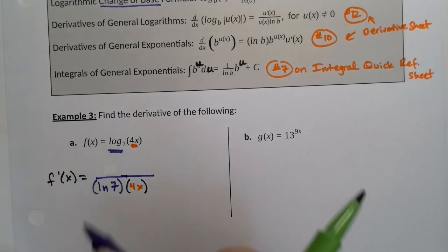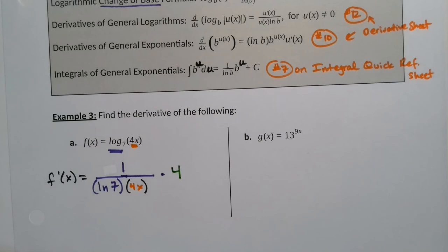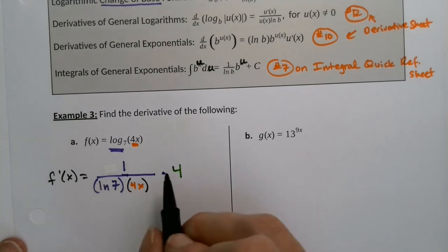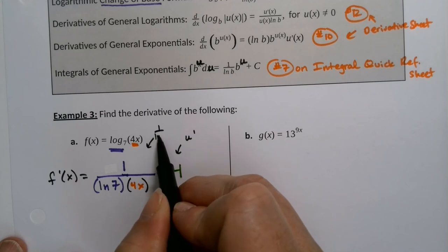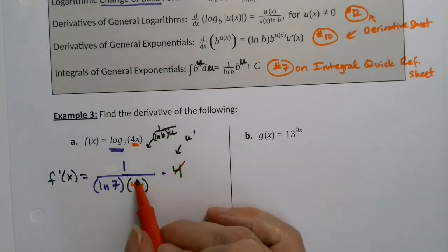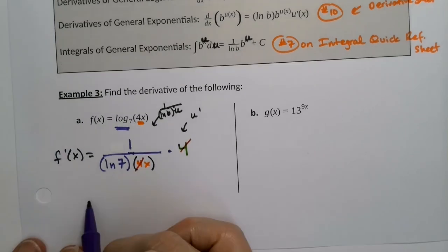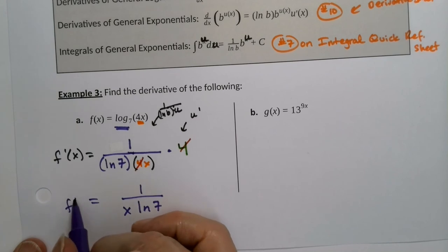So you can either say it's 1 divided by that times u prime, which is 4, or you can put the u prime in the numerator. That's fine also. Okay, so the 4's will divide away because I have a 4 in the numerator and a 4 in the denominator. And that leaves me 1 over x times the natural log of 7. That's the derivative.